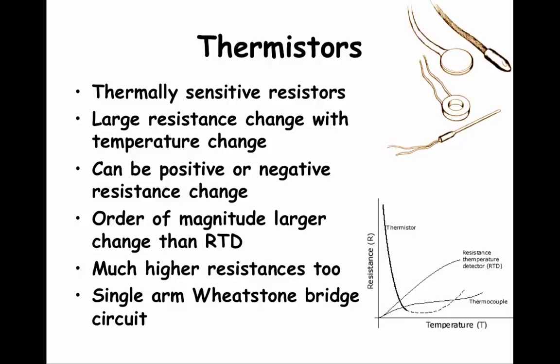Thermistors are made of silver sulfate or metallic oxides. Thermistor temperature coefficients can be either positive or negative. The metal elements in RTDs were always positive. The initial resistance of thermistors is much higher than the initial resistance of RTDs, so a single-arm Wheatstone bridge circuit can be used to measure the resistance change.